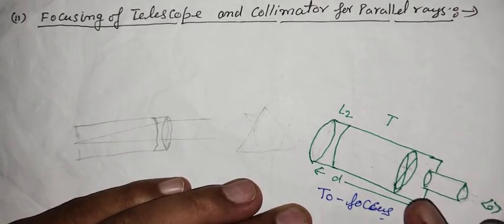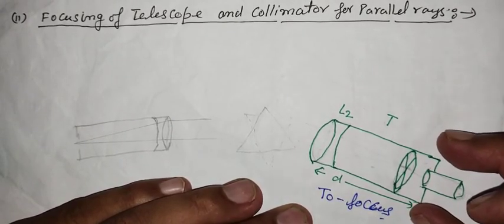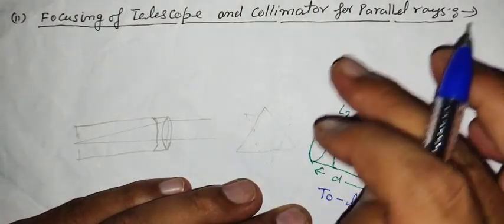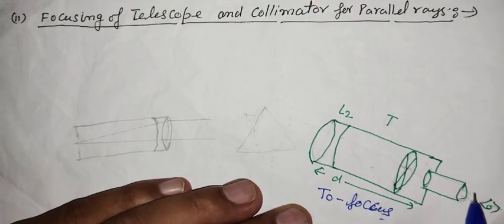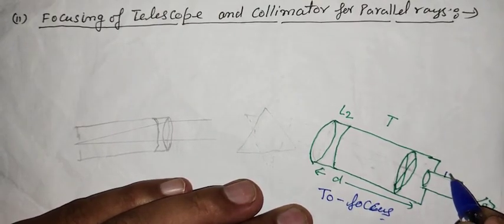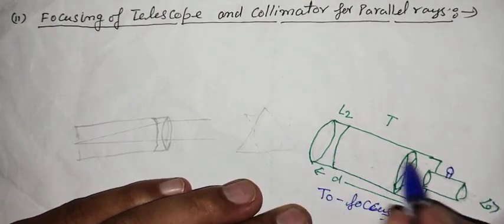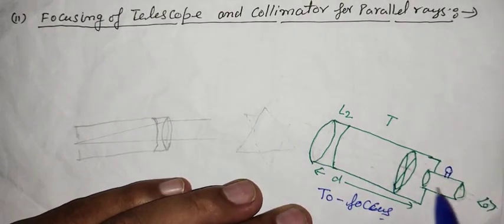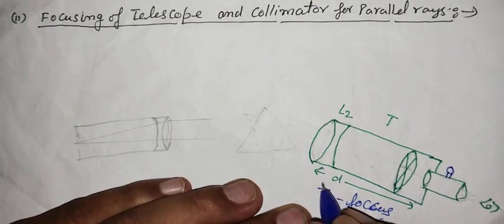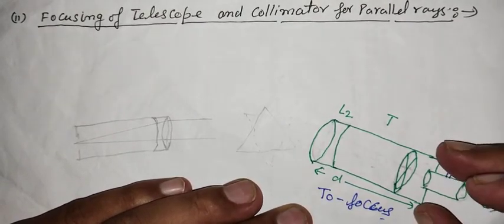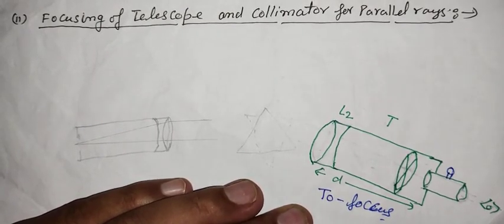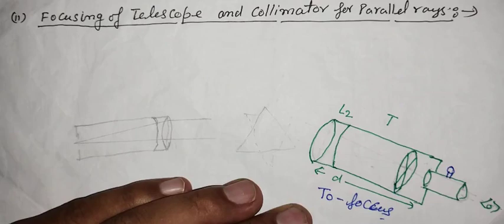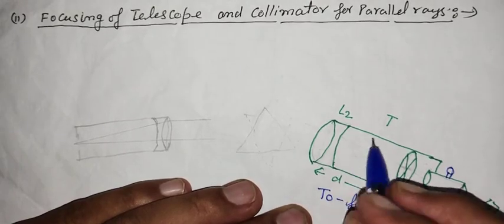After focusing the eyepiece, this telescope is moved towards a white wall, and with the help of the screw through which the eyepiece is moved inside and outside, the distance d is adjusted in such a way that the clear image of the white wall or circular object can be clearly seen through the telescope.